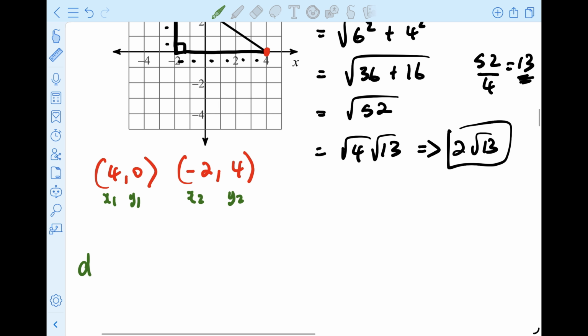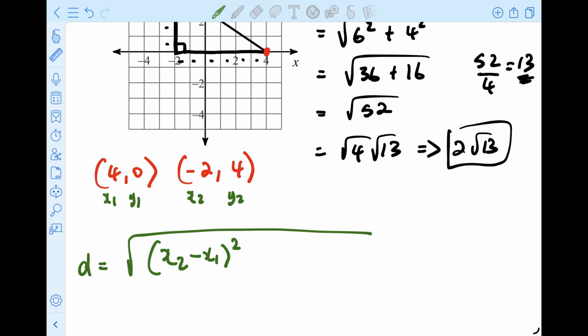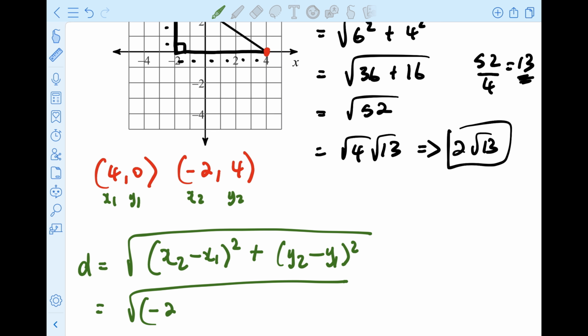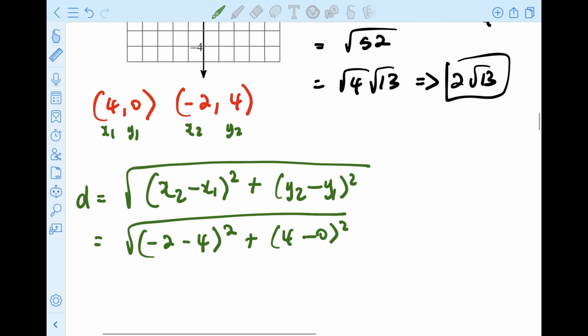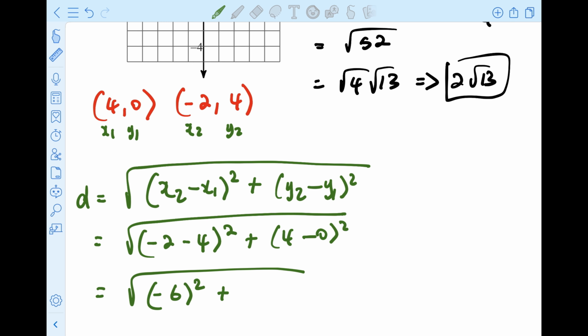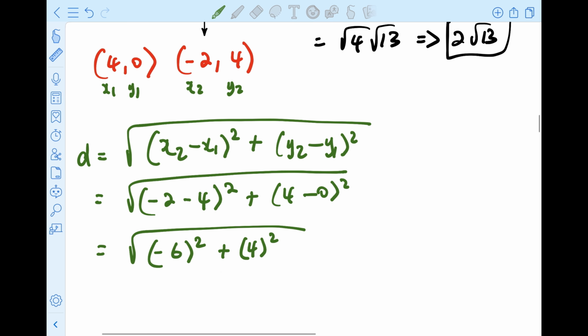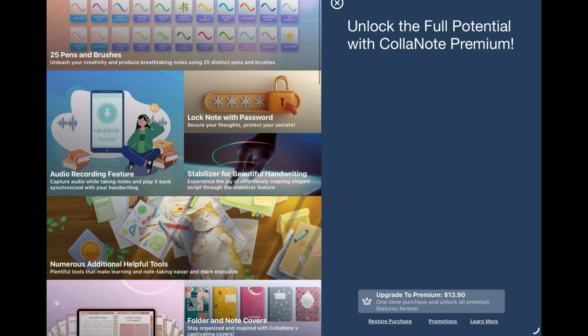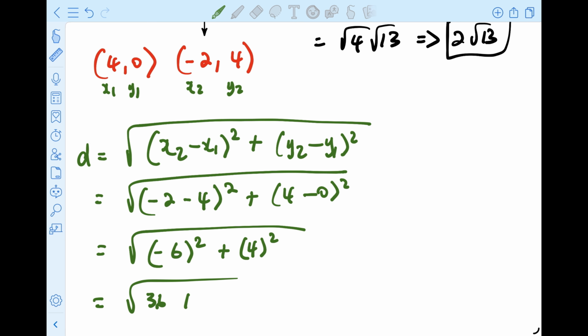And so distance will be equal to the square root of x2 minus x1 squared plus y2 minus y1 squared, which is going to give us negative 2 minus 4 squared plus 4 minus 0 squared. I hope you guys start to see it. So this will become negative 6 squared plus 4 squared, which will give us the square root of 36 plus 16, which will give us the square root of 52.